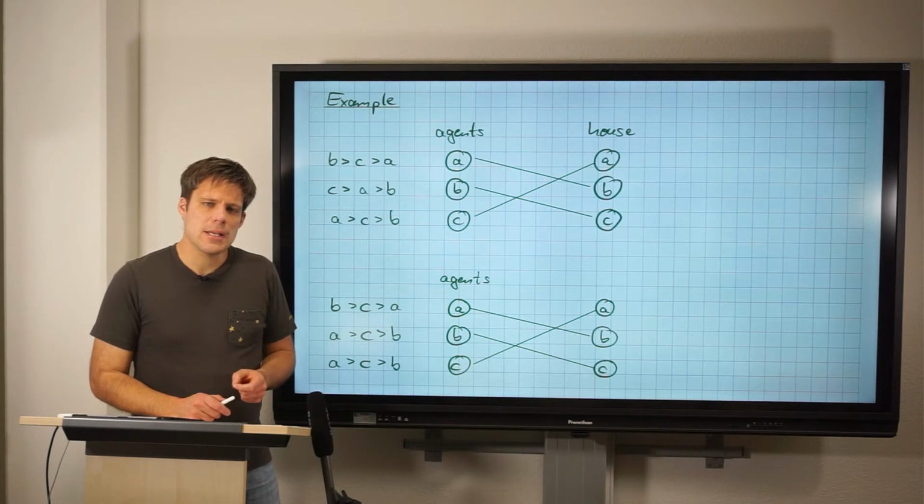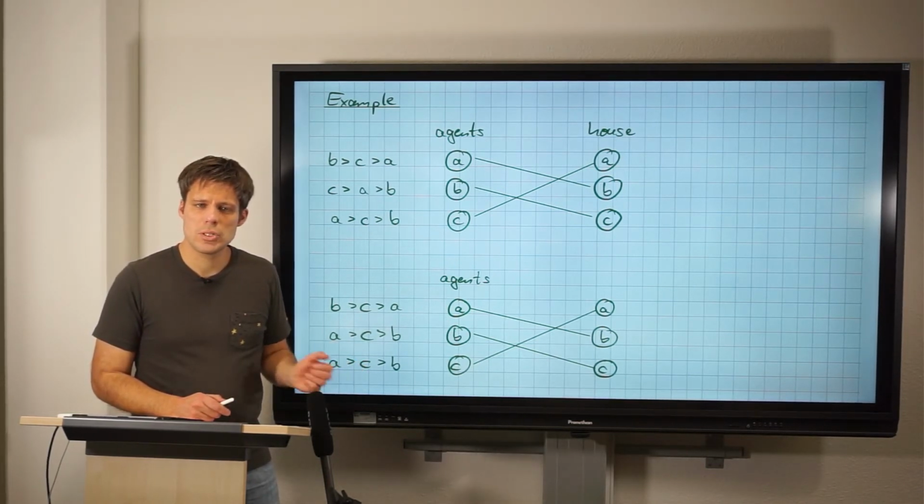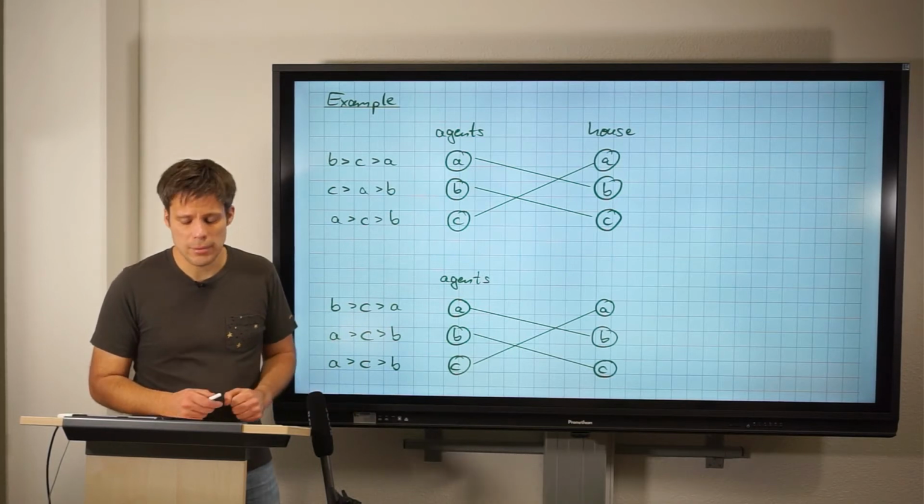Let's formalize this property of an allocation being stable or unstable.